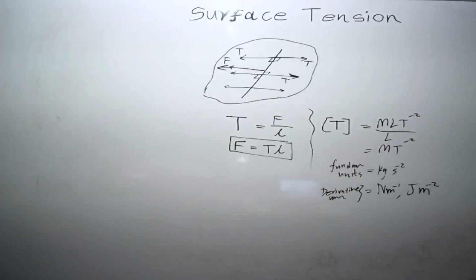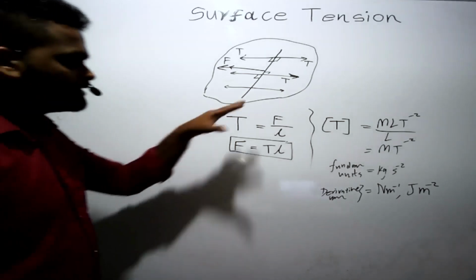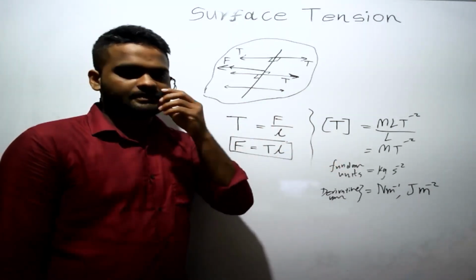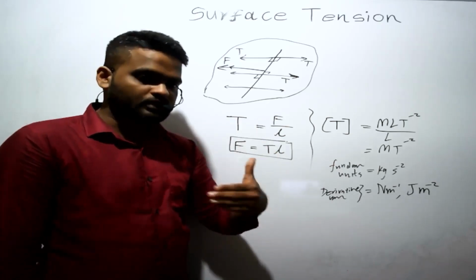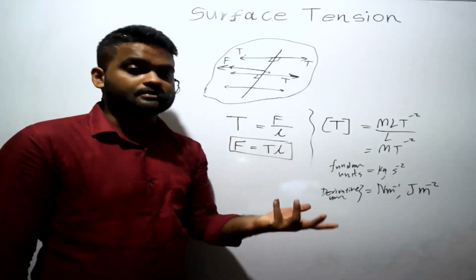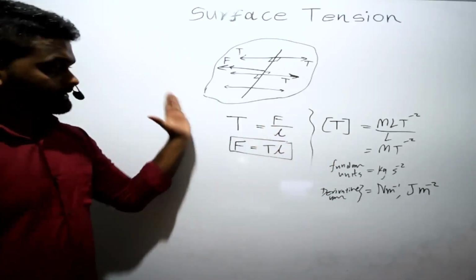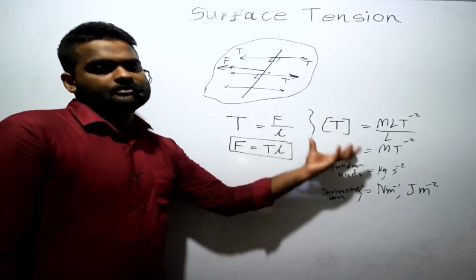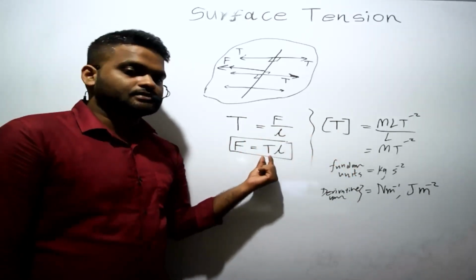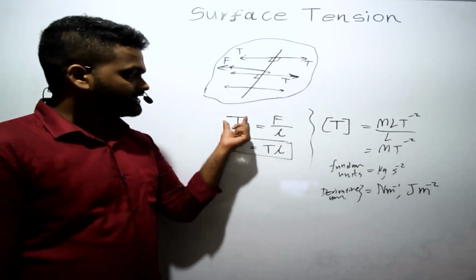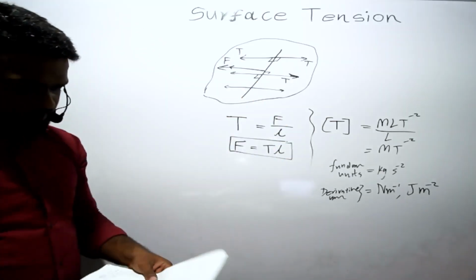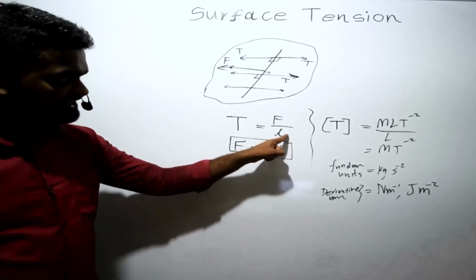Right. So now we have an equation for surface tension. It will be more clear as we are doing questions. For now, remember this equation: F equals surface tension coefficient times L. We call this surface tension. So T is force per unit length. The definition of this length you have to understand.